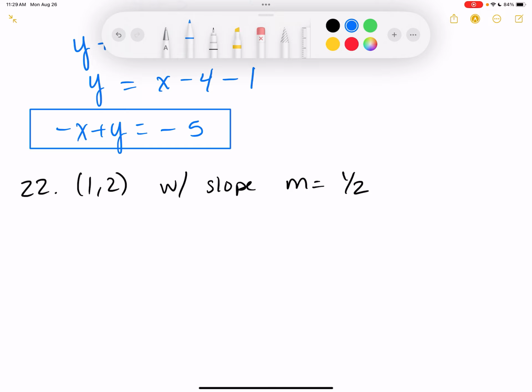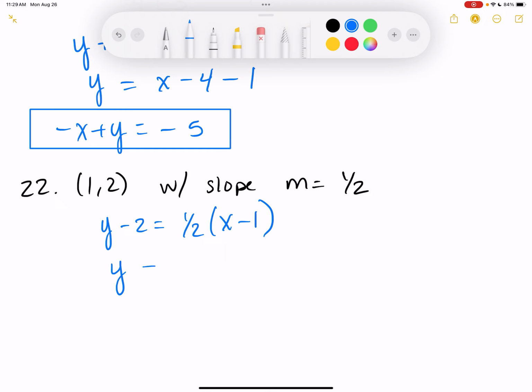Alright, so how do I set this one up? y minus 2 equals 1/2 times x minus 1. Now what? Distribute, or you can multiply all of them by 2. Wait, no. I wouldn't do that. I would distribute. But I'm also going to move this 2 over in the process so I can save a step.